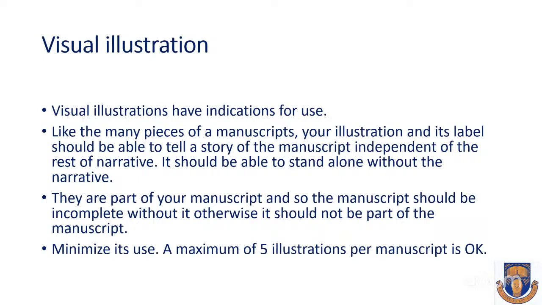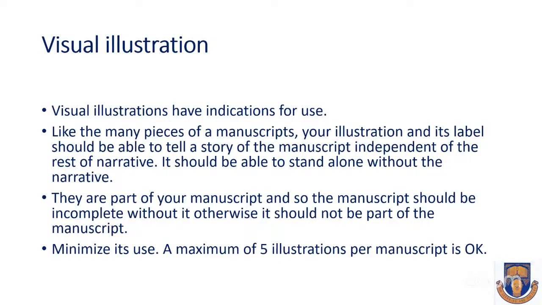Visual illustrations have indications for use. Like the many pieces of a manuscript, your illustration and its label should be able to tell a story of the manuscript independent of the rest of the narrative. It should be able to stand alone without the narrative. Okay, so they are a part of your manuscript, and so the manuscript should be incomplete without it. Otherwise, it should not be part of the manuscript. So what that means is that your visual aid is there because it's needed.